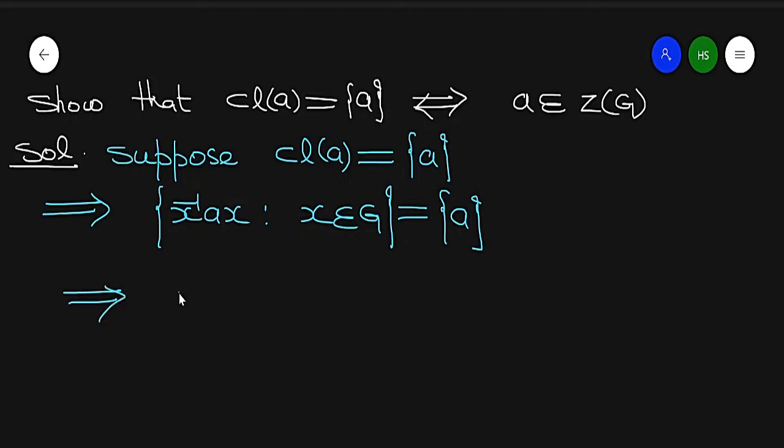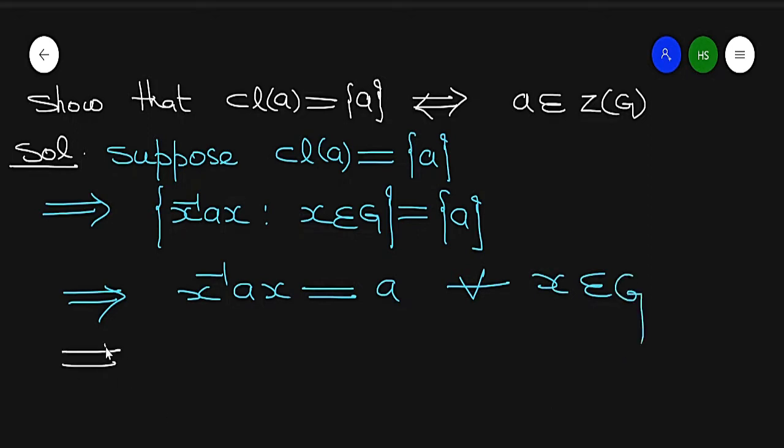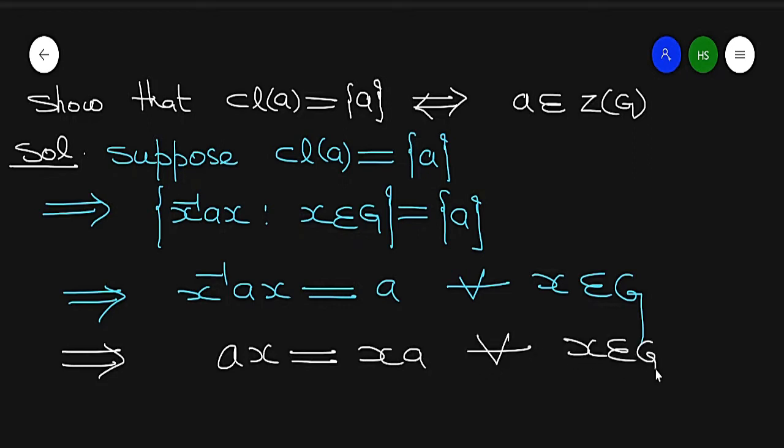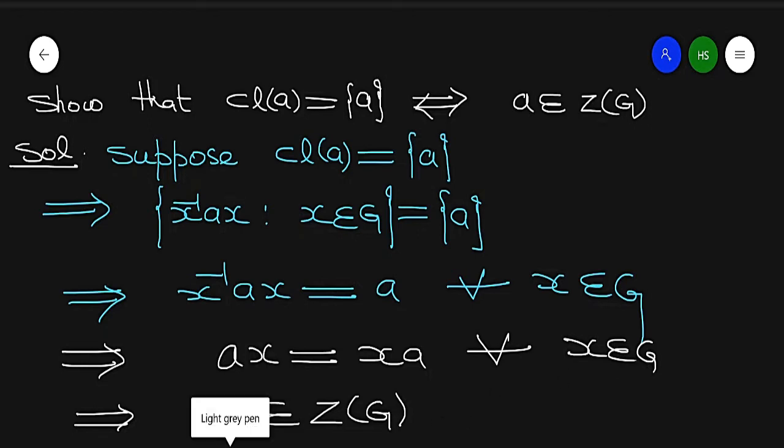So it means X inverse AX is equal to A for every X belonging to G. If we pre-multiply by X, we get AX equal to XA for every X belonging to G. So this A belongs to the center of G because it commutes with every member of G. So it is my first part.